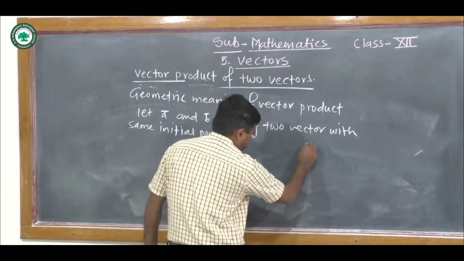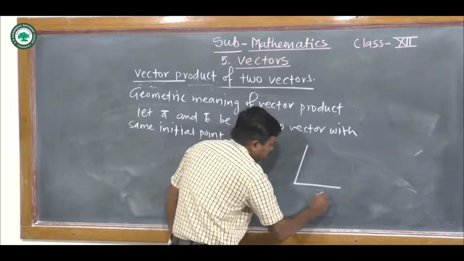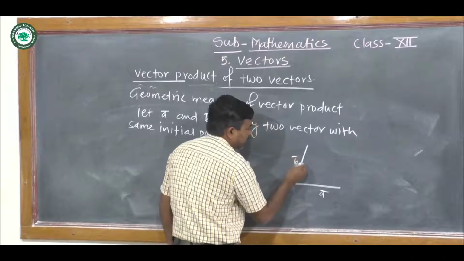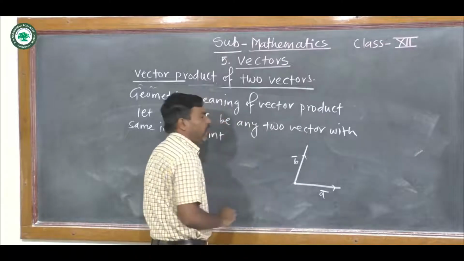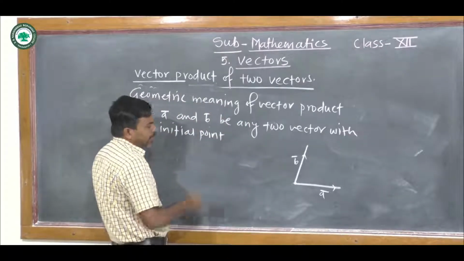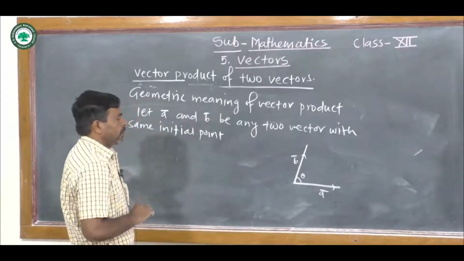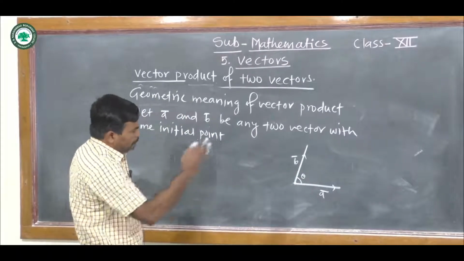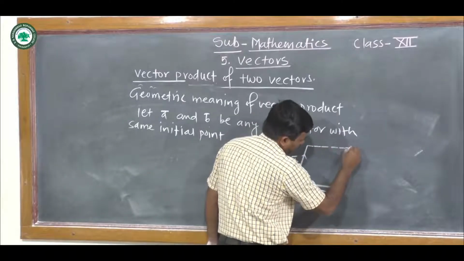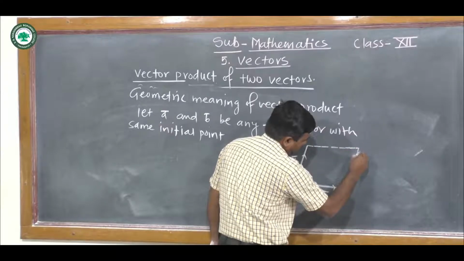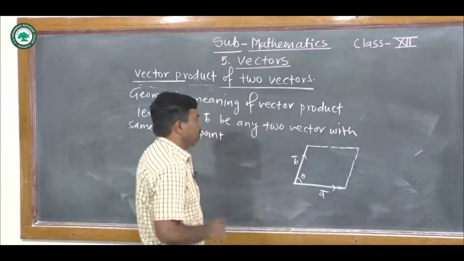See, if this is your A bar and this vector is B bar, and they both have the same initial point, and if these two vectors are inclined at an angle theta, it means the angle between them is theta. Now complete the parallelogram.